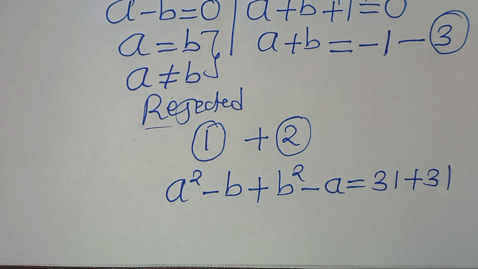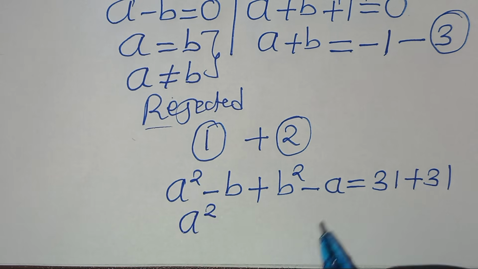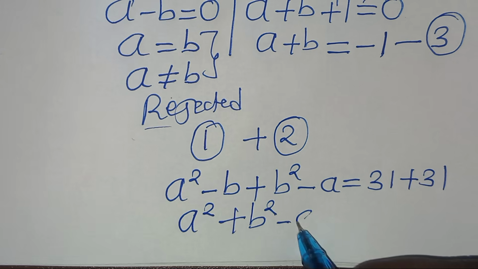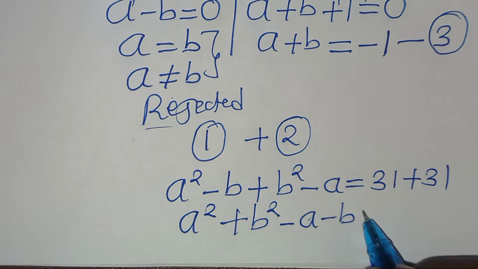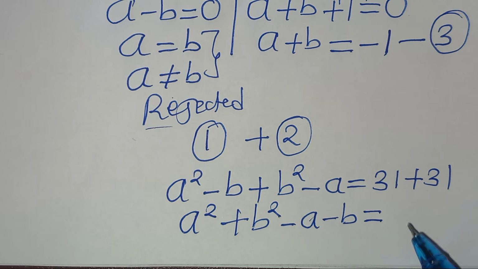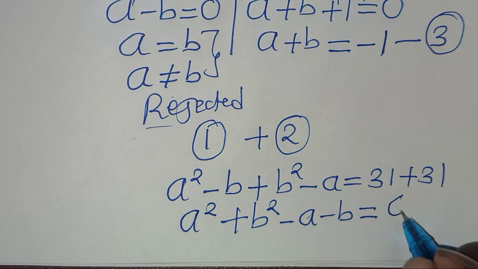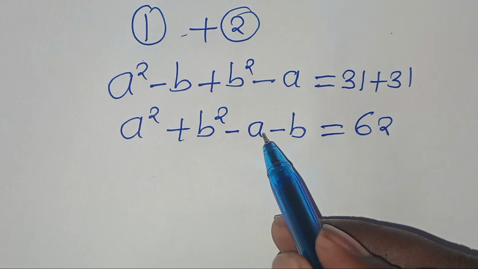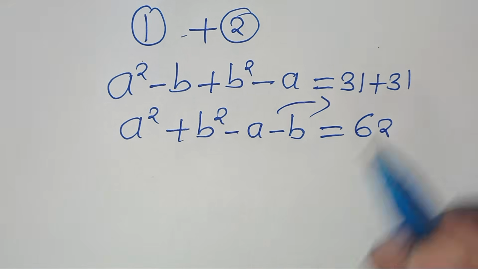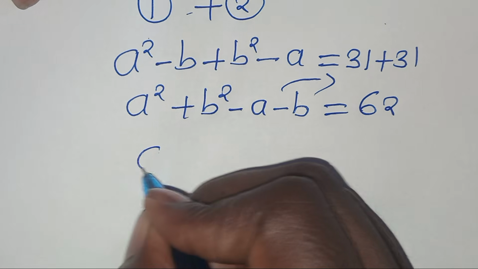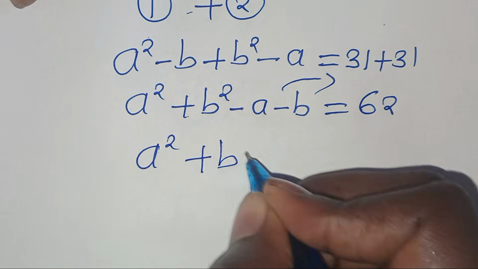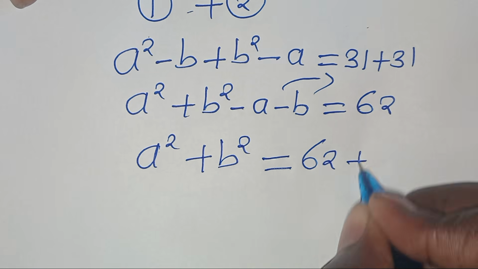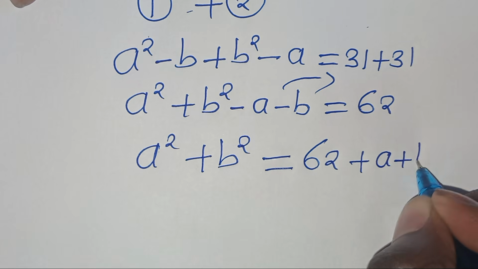And this means that we have a to the power of 2 plus b to the power of 2, subtract a, subtract b, equal to 31 plus 31, which is equal to 62. Now the next step, let's take minus a minus b to the right hand side, so that now we have a squared plus b squared equal to 62 plus a plus b.